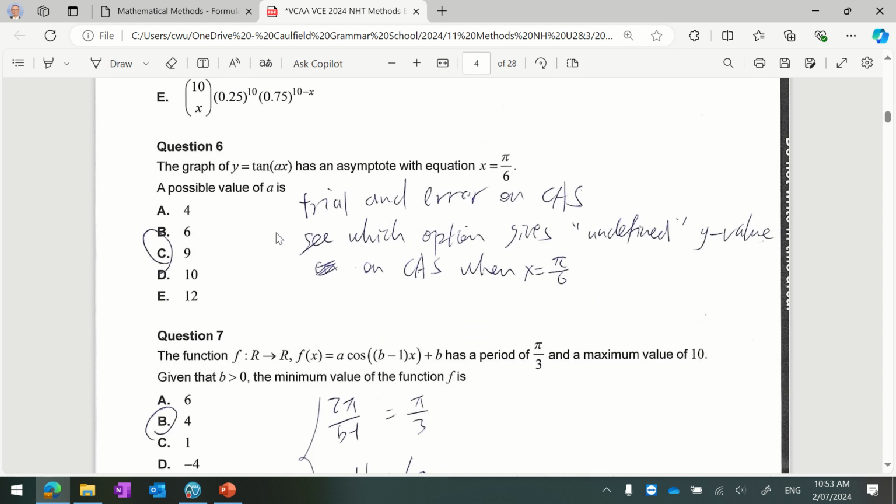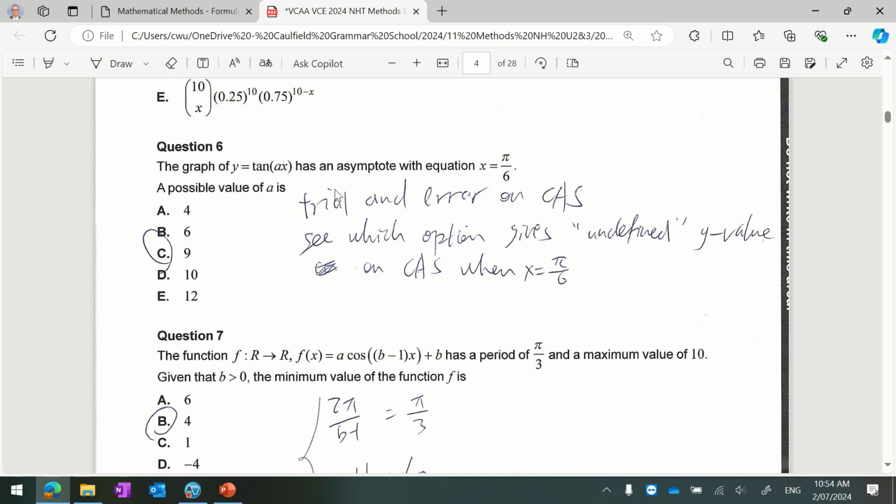Okay, the next question, question 6, tangent graph, tangent Ax, asymptote with equation x equals pi over 6. And possible value of A is something. Well, you could do this properly, but it's not going to be pretty, because there are infinitely many asymptotes in your tangent graph.